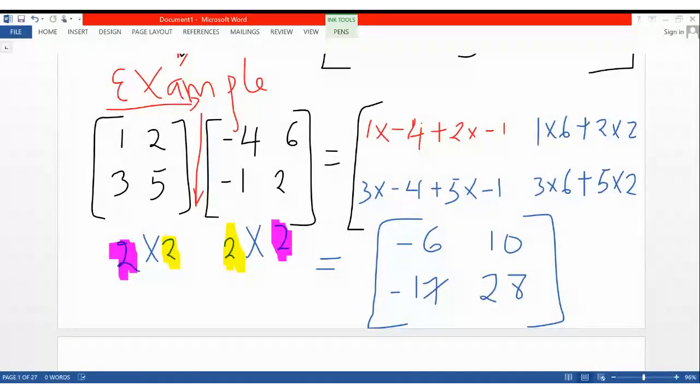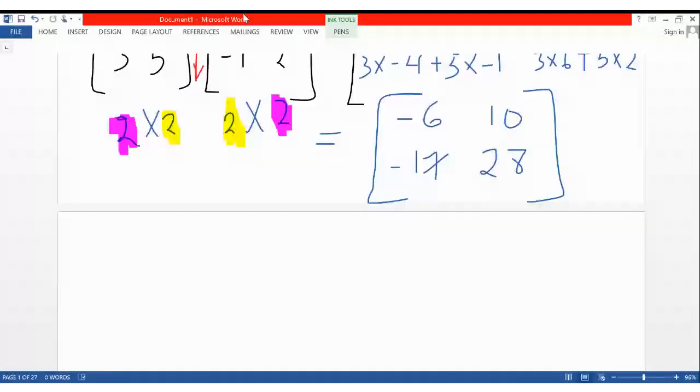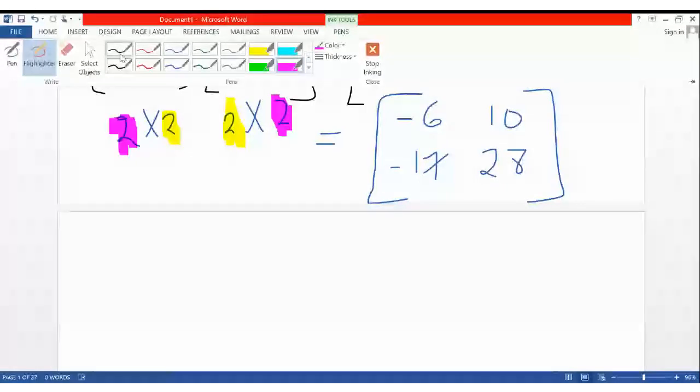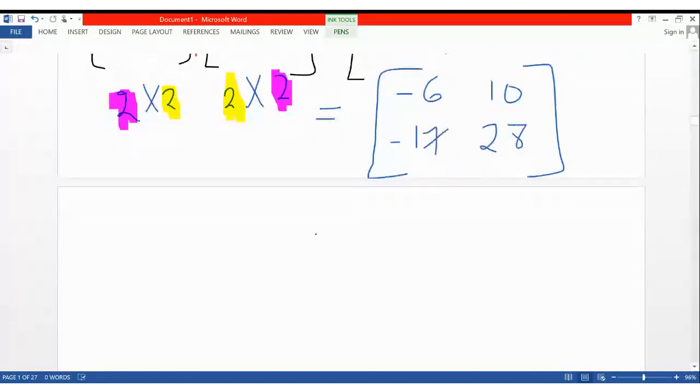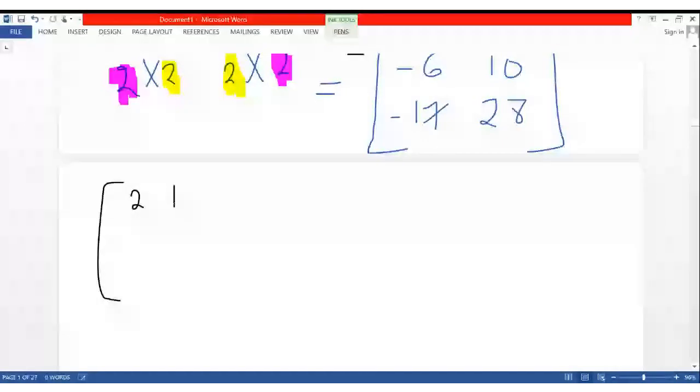Let me do another example. 2, 1, 3, 2, 0, negative 1.